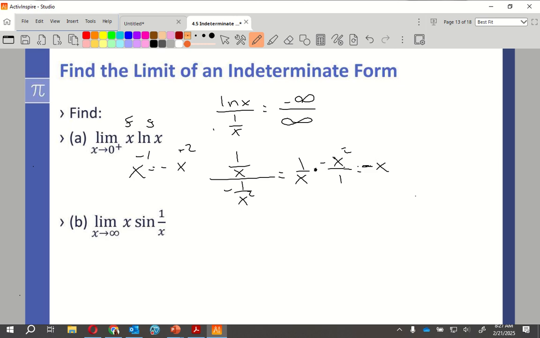Now can I plug in 0? Okay, so as that's getting closer and closer to 0, I get an answer of 0. Does that make sense or no?